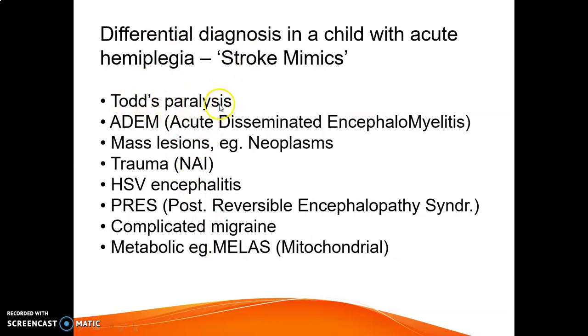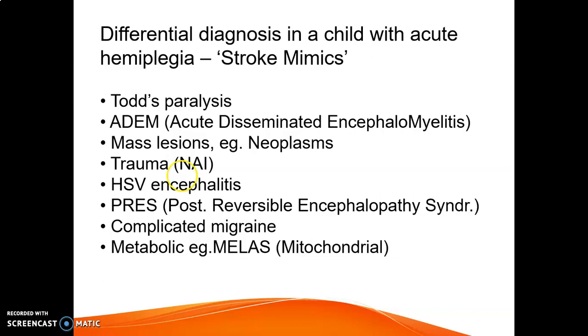Todd's paralysis is a temporary paralysis after an episode of seizure in children. Seizure is a big topic, we'll study that later. Any kind of seizure is an involuntary movement of the body where the conscious level of the child is affected, and this may lead to temporary paralysis of one side of the body after the seizure. This is called Todd's paralysis.